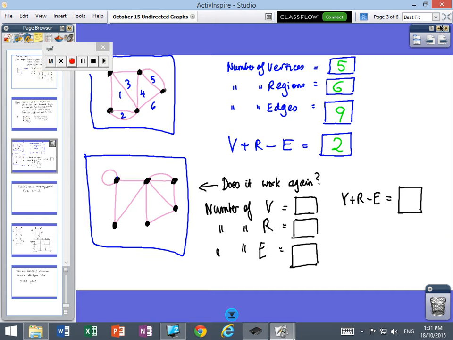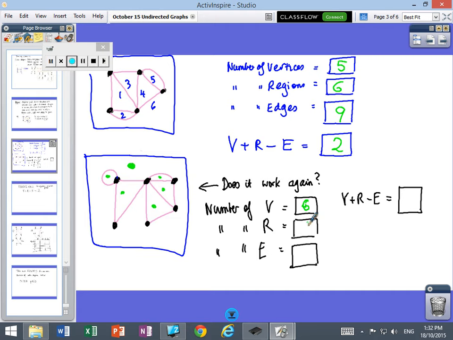So if we do this one down the bottom, vertices are 1, 2, 3, 4, 5, 6. Number of regions, now 1, 2, 3, 4, and 5, plus this one outside.